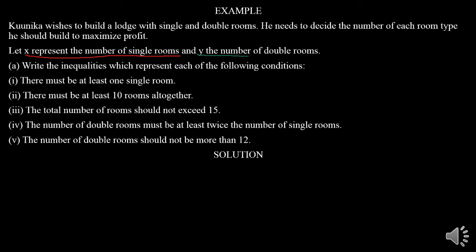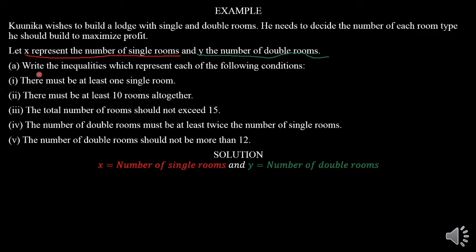Okay, so that's for Y. Then how do we solve this question? If we are to start with the first part, the first thing is that we have been told that X should be the number of single rooms. Let X be the number of single rooms and Y the number of double rooms. So this is the first thing that we do.